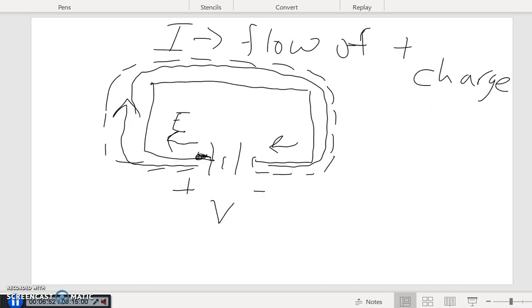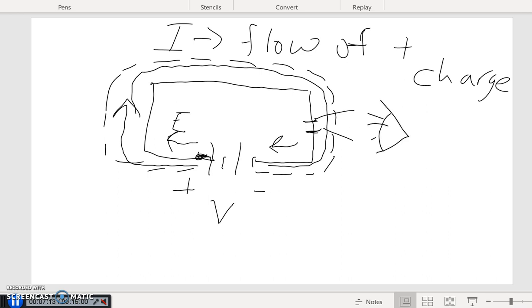So for example, let's say I have a little tiny microscope that can see individual charges flow, and I stick my microscope right in here, okay? So here's a microscope, and here's my eye, right?